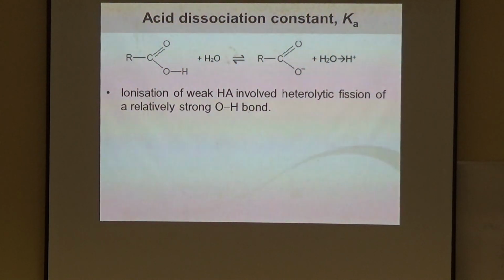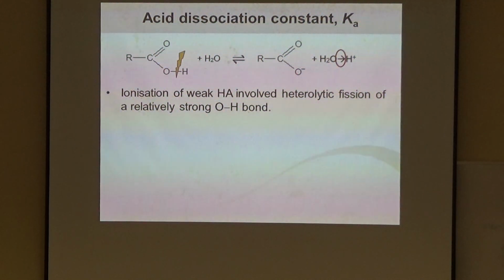Now, what we are discussing is the fourth bullet point on page 9, about the value of Ka.